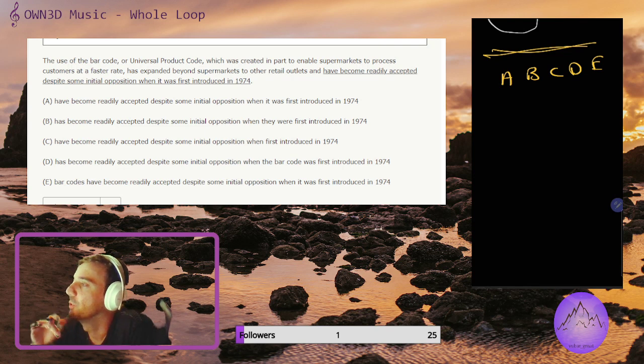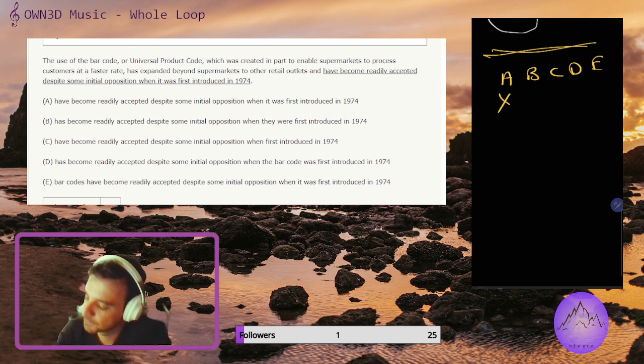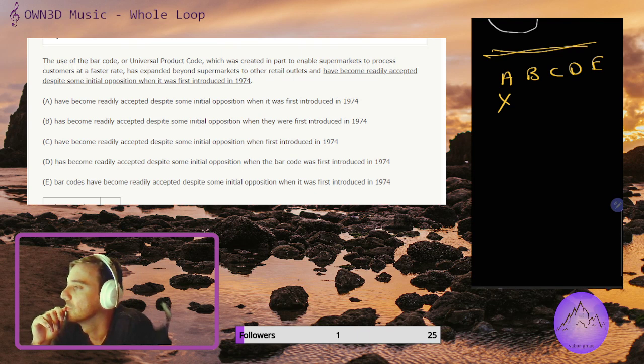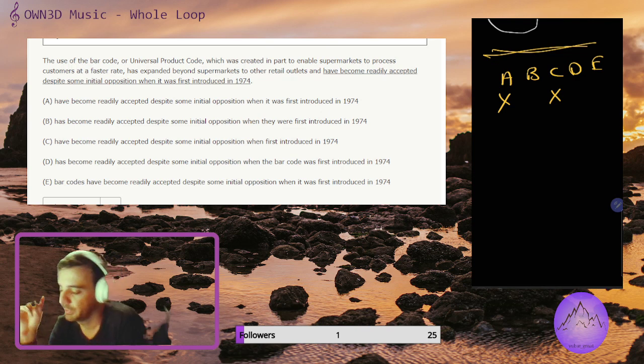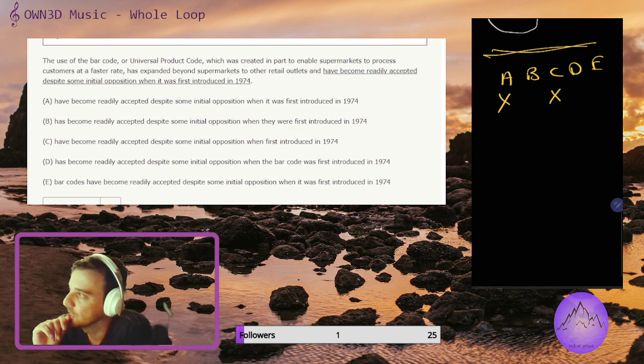The use of the barcode... "have" is wrong, not A. And C, same problem. I guess E could be right. It just seems weird to throw in the noun.